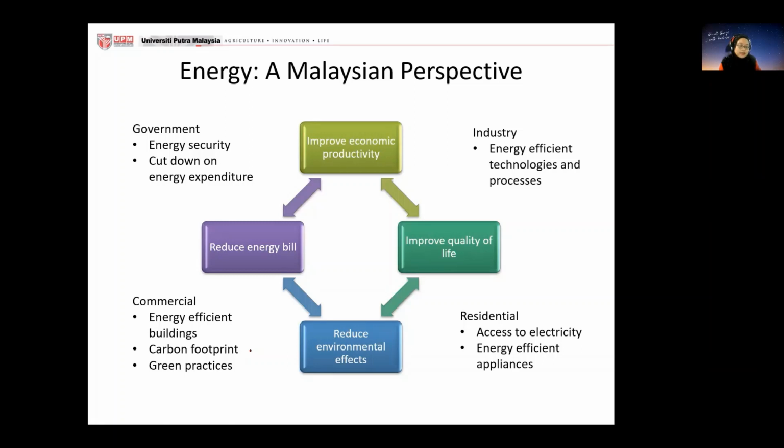In commercial sectors, a lot of talk has been done on energy efficient buildings: how you can save energy and at the same time reduce environmental effects, which includes your carbon footprints and various green practices. And lastly, the government highlights the importance of energy security and cutting down energy expenditure.